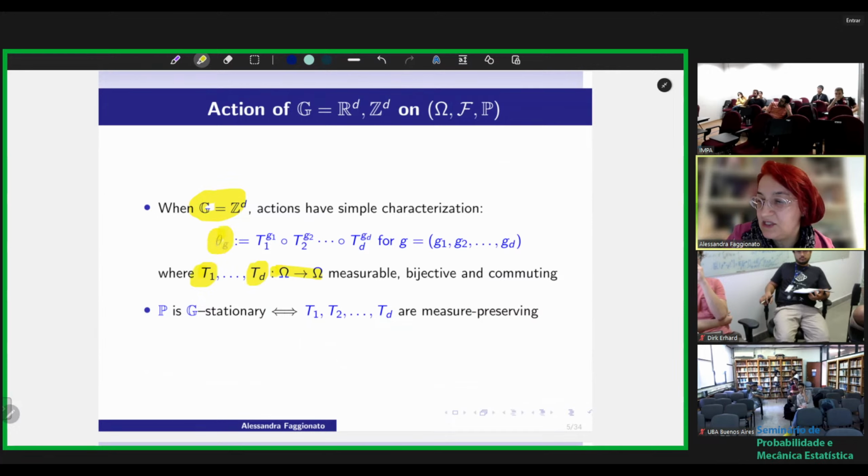Then theta_g has to be of this form: T_1 to the power g_1, composed with T_2 to the power g_2, and so on, composed with T_d to the power g_d, where g_1, g_2, ..., g_d are the components of the vector g. And in this case, with G equal to Z^d, stationarity means just that T_1, T_2, ..., T_d, these basic fundamental maps, are measure preserving.